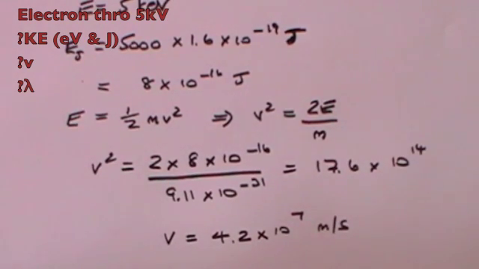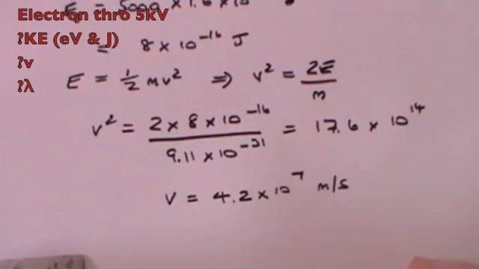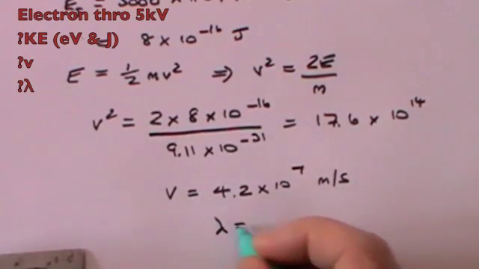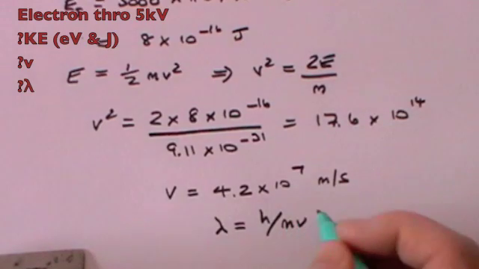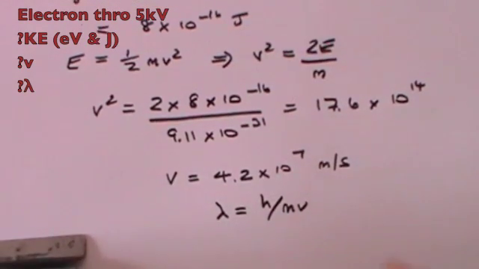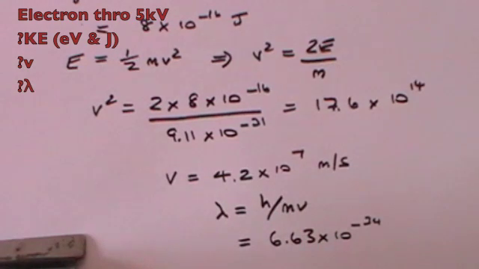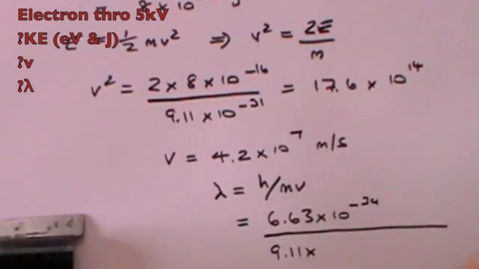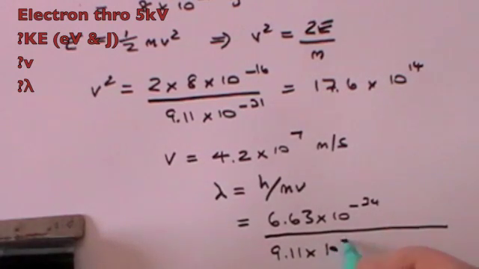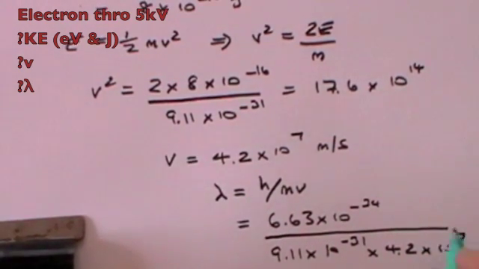The third part of the question was to find the wavelength, and here we're going to use the tried and tested formula that the wavelength is equal to h divided by mv. That's going to be equal to 6.63 times 10 to the minus 34, that of course is Planck's constant, divided by the mass of the electron, which we know is 9.11 times 10 to the minus 31, times the velocity, which we just calculated, 4.2 times 10 to the 7.